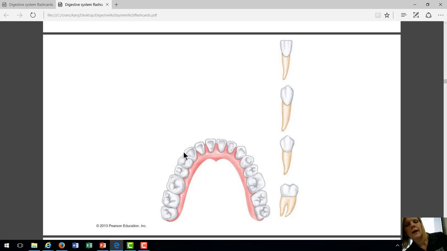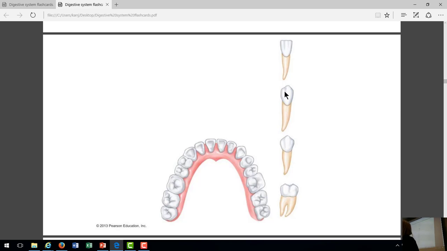And then on either side of that are the canines, and the canines have a little bit of a sharper edge, and they have a little piece on the back of them as well. If you feel with the back of your tongue the back side base of your incisors, you'll feel a little ridge there. The canines are made for tearing.